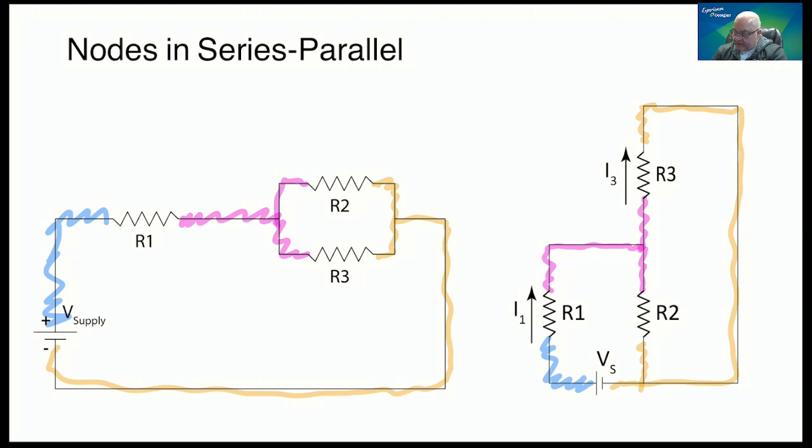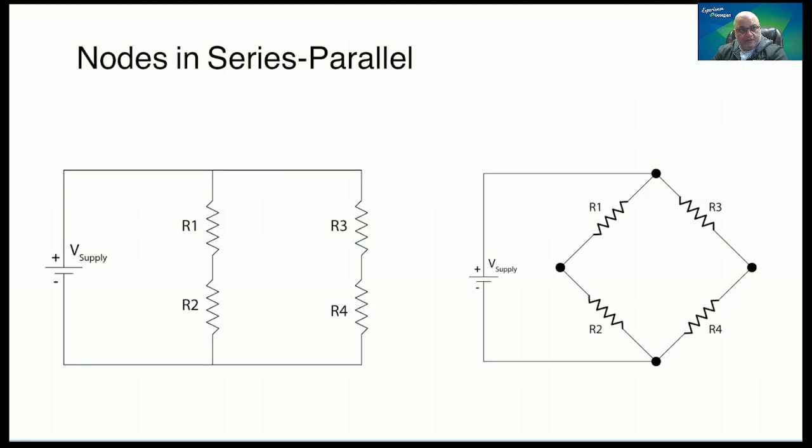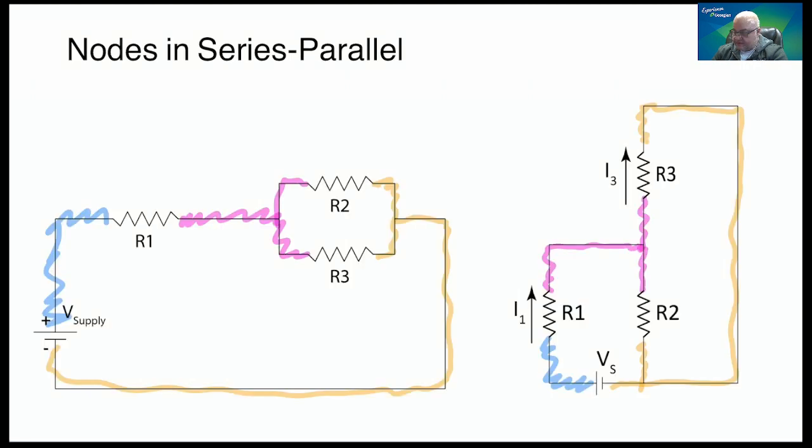Now, if we concentrate on the right side, with the same logic that we applied to recognize the connection patterns of the left side, we can look at R2 and R3. First of all, they share a node on one side, and they also share another node on the opposite side. Remember, this is the definition of two resistors in parallel.